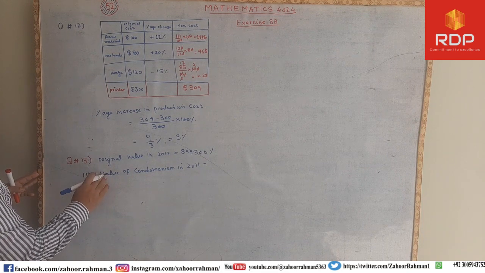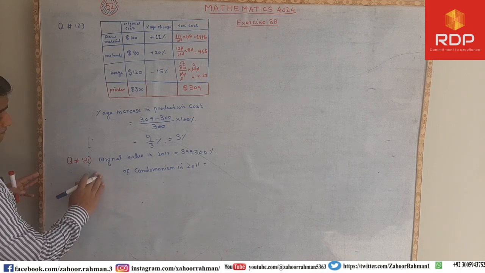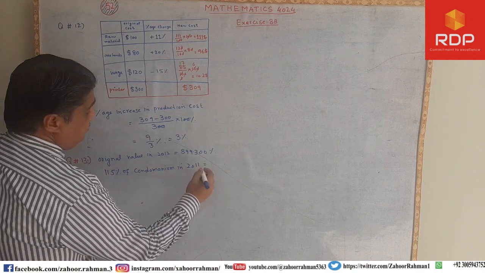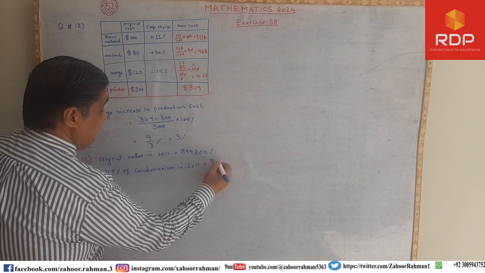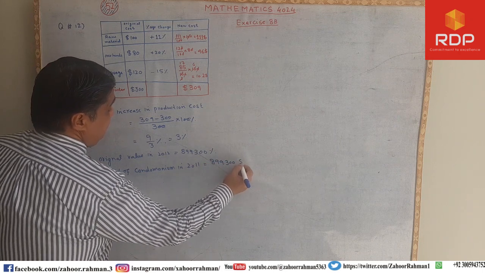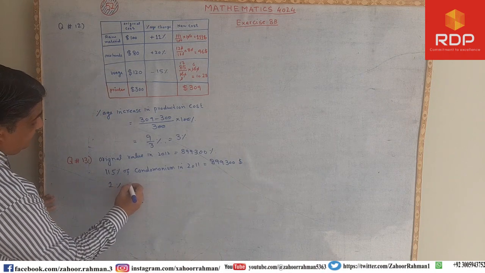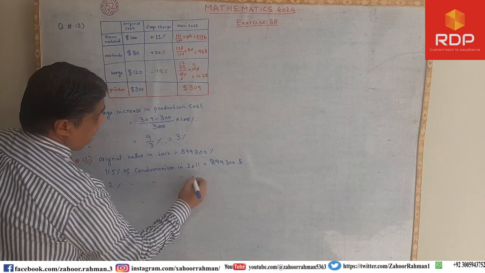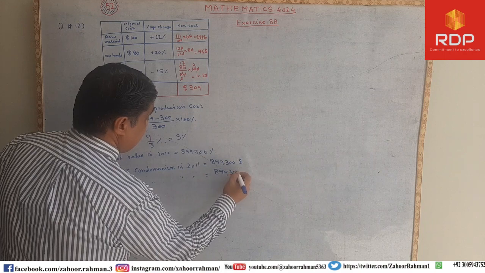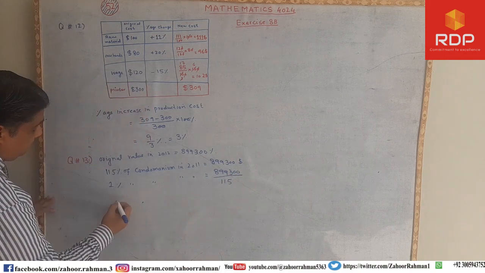So 115% of the condominium in 2011 is $899,300. So 1% of the condominium value is 899,300 divided by 115.